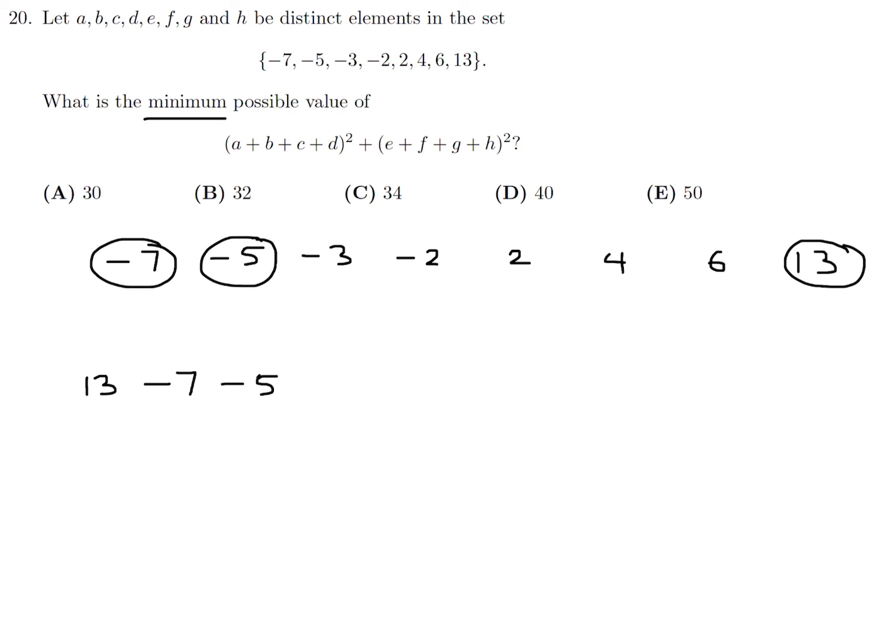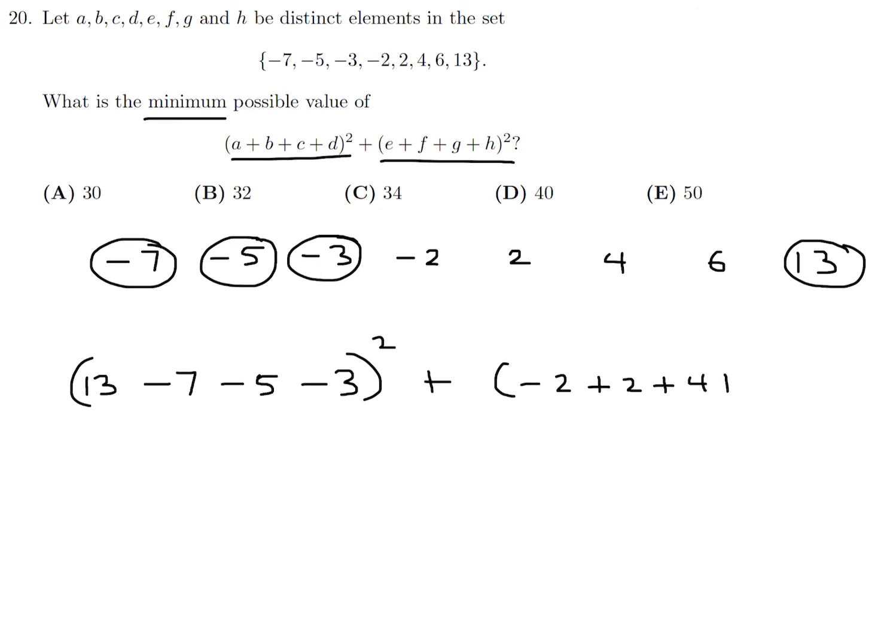So far, so good. Do I want to put another negative in there? Sure. And then that's it, because I can only use 4 terms. That's all squared. And then everything else just goes into the next section: -2, +2, 4, and 6. Oh boy, this is a lot bigger than I had hoped. But that's okay. Let's just figure out what this is.